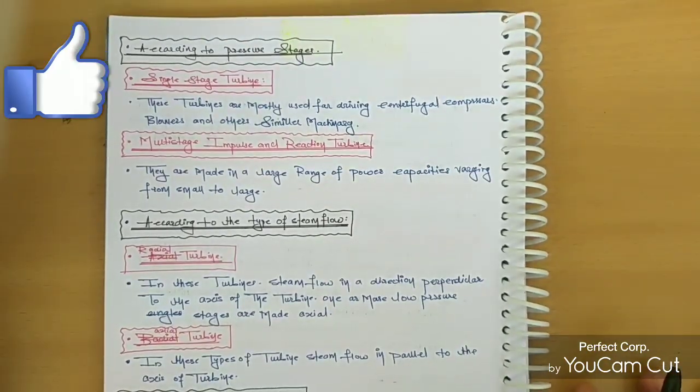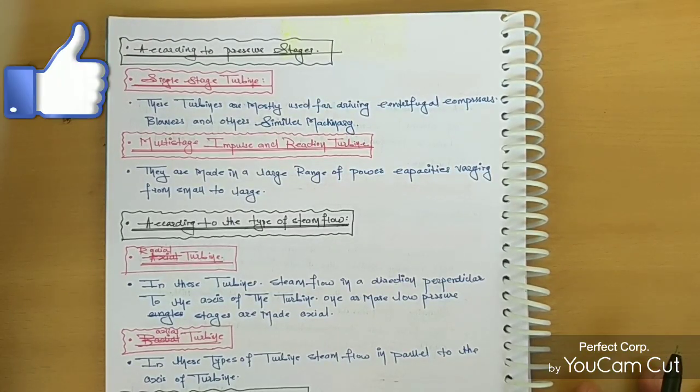So another type of classification is according to pressure stages. That is categorized into two types: single stage and multi-stage. Single stage is exemplified by the centrifugal compressor mounted on a jet engine, as you know.